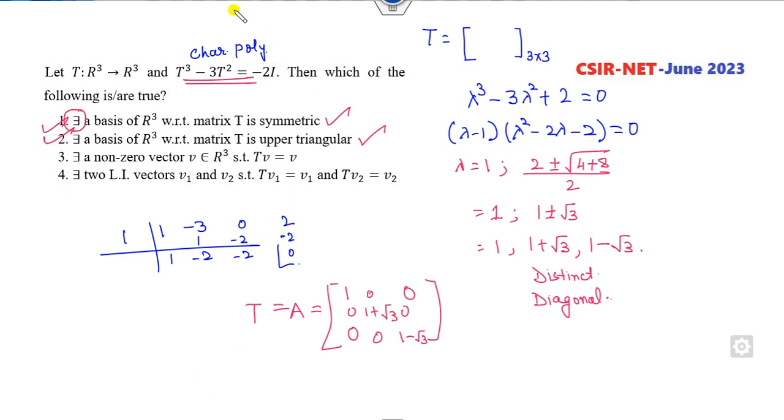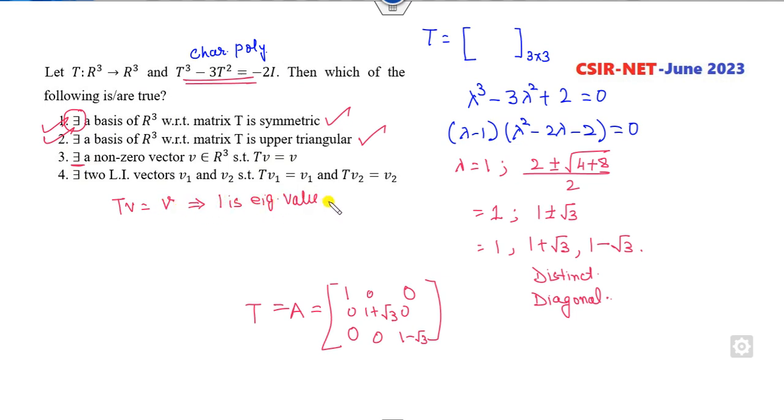Now another option is the third and fourth. There exists at least one matrix such that Tv is equal to v. What is the meaning of that? 1 is an eigenvalue. But what is the original matrix? It is not given to you.